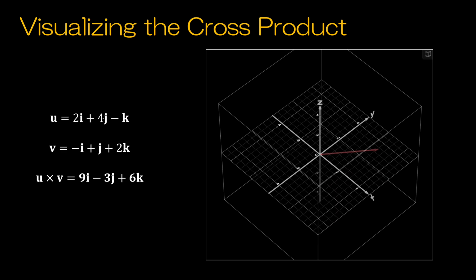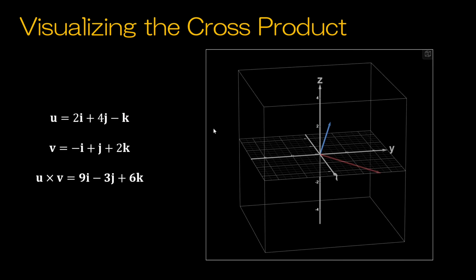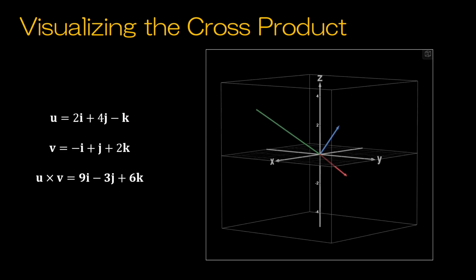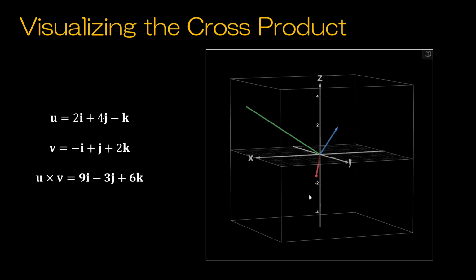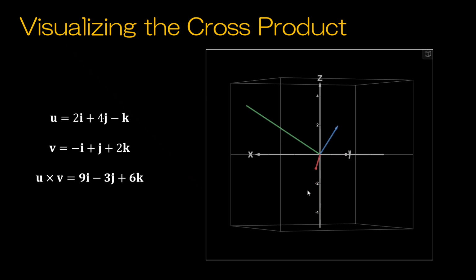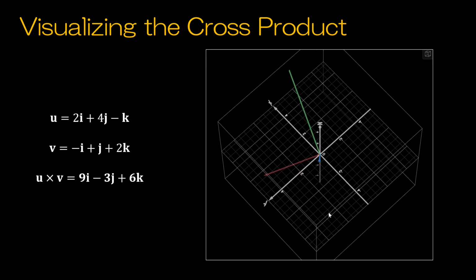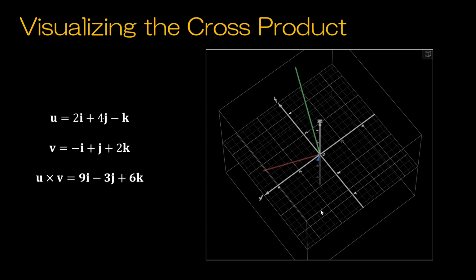Our second vector v, negative i plus j plus 2k, is graphed in blue. And the vector u cross v, 9i minus 3j plus 6k, is in green. Looking at the green and the blue, you can see right there that that's going to be a 90-degree angle. That's orthogonal. And you can do the same with red and green. Of course, we could mathematically verify as well, but we can see visually that this is an orthogonal vector.